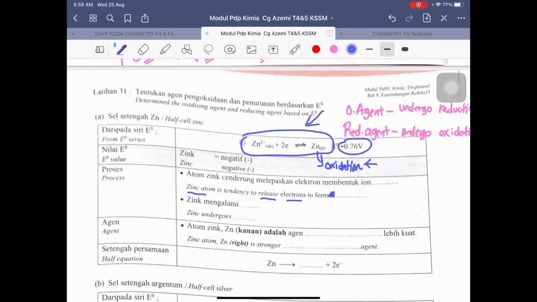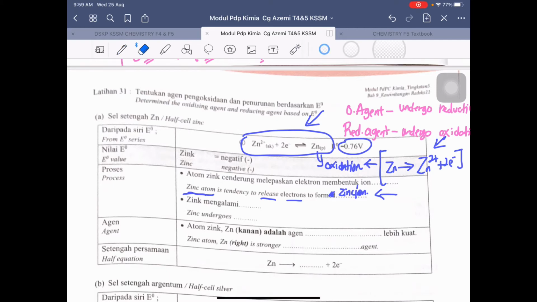It will become like this. Zn arrow Zn2+ and 2e-. So from this half equation, you can answer this sentence. Zinc atom has a higher tendency to release electron to form zinc ion.